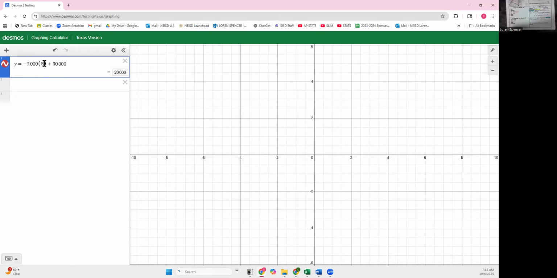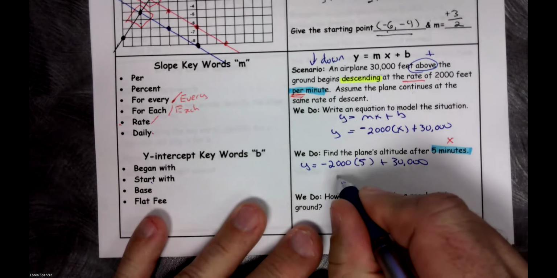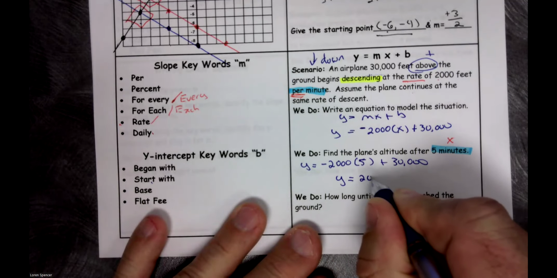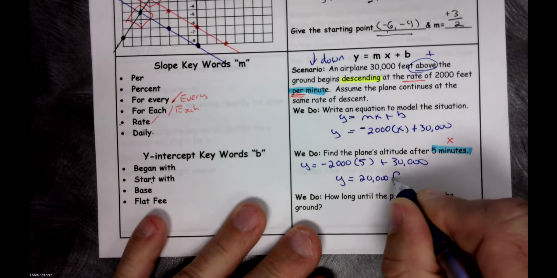So I'm going to back up real quickly since I kind of messed that up. I'm going to put that x back in there. So there's my equation. And I'm going to go ahead and type in 5 for 5 minutes. It's at 20,000 feet. So y equals 20,000 feet. So that's my answer to that part of it. So we'll swap back over and write y equals 20,000 feet.